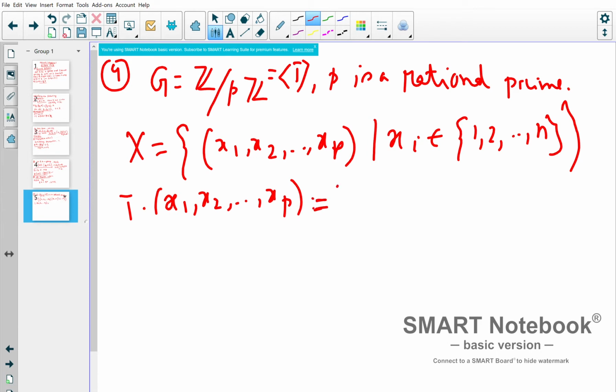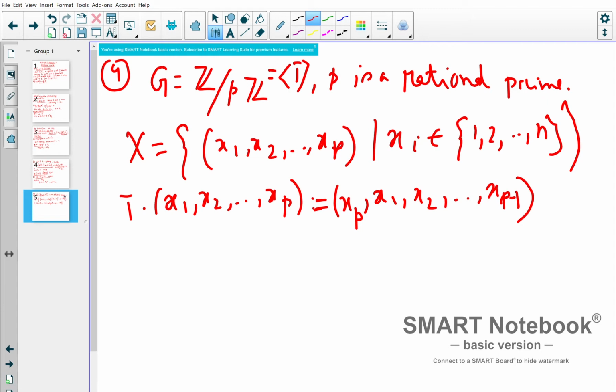So the first element x1 goes to the second place, the second goes to the third place, and so on, and this is p minus 1, and the last one comes to the first place. This is the action. You understood that you just shift the coordinates by one place.